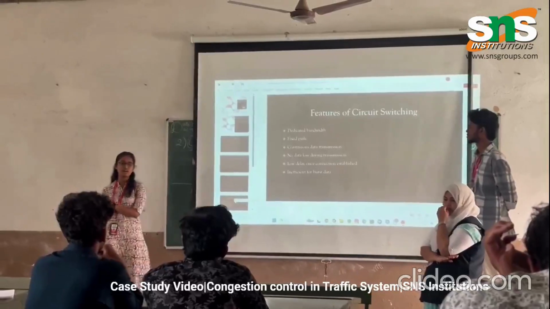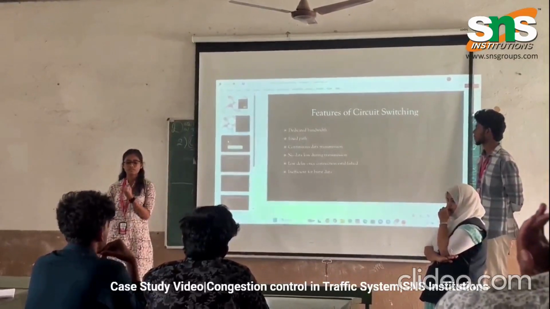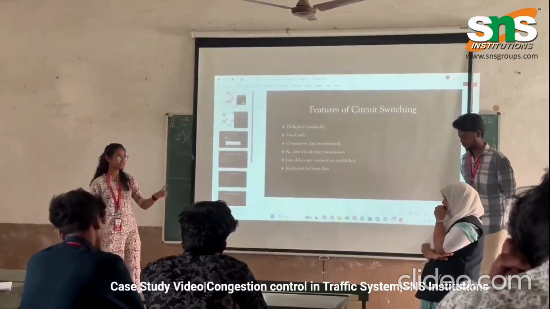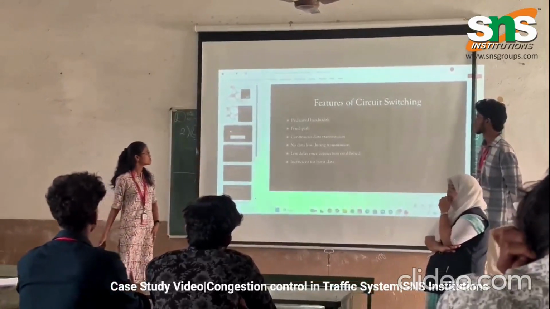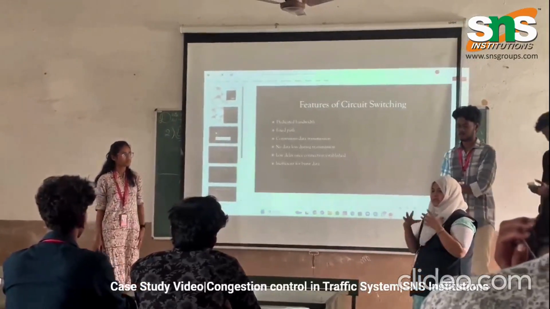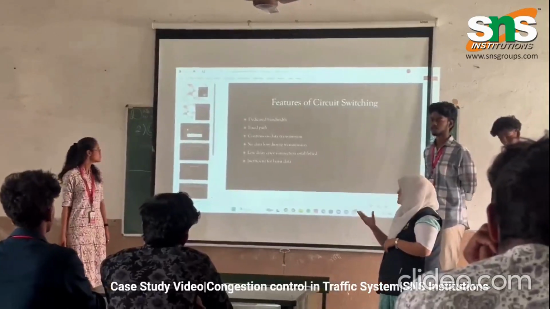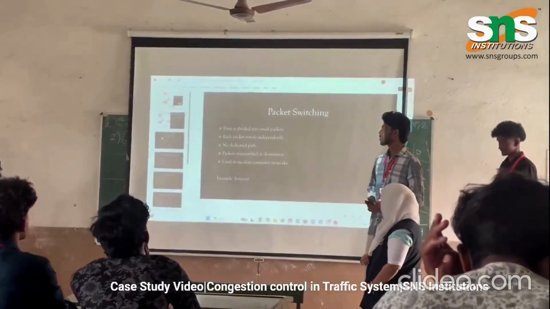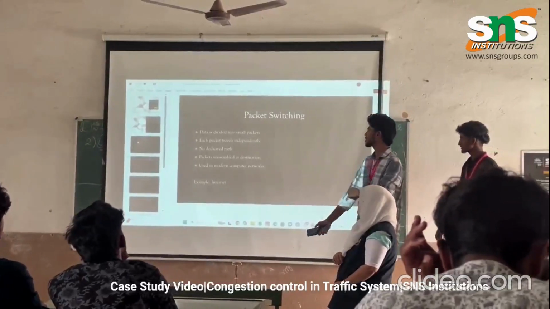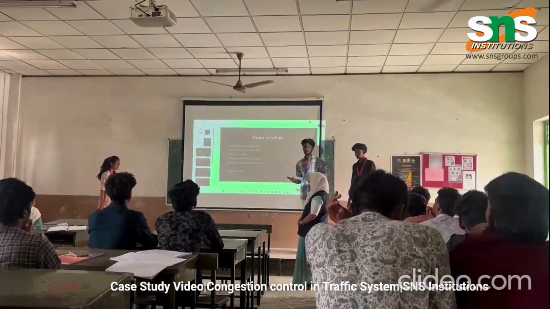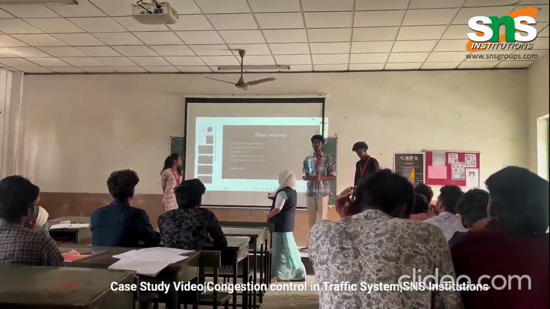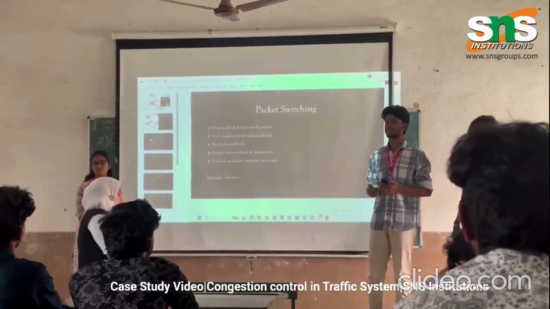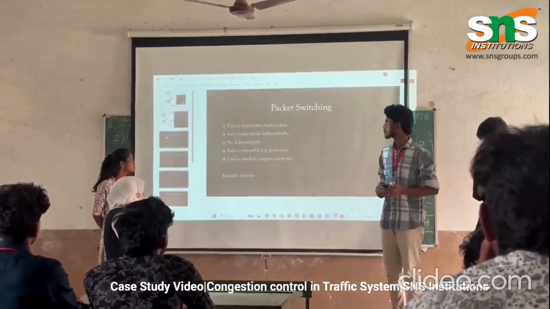In packet switching, the data is divided into small packets and there is no dedicated path. Each packet travels through different paths and they are assembled on the receiver side.